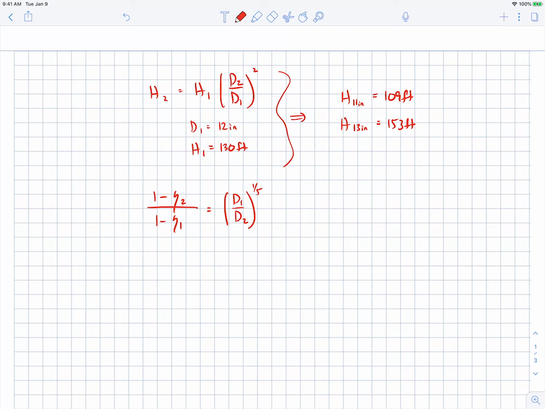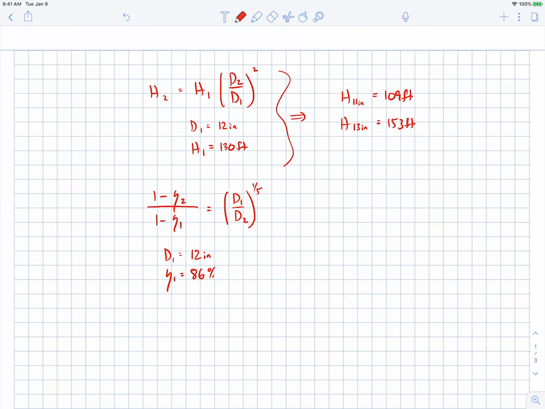Empirical just means based on experiments. So again, we had D1 was the 12-inch impeller. The efficiency for one, we said, was 86% efficiency. So then when we combine these together, the best efficiency that we would predict for the 11-inch impeller would come out to be 86% also.